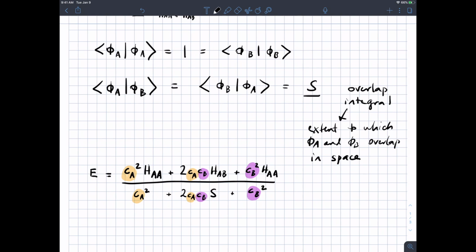Our real question, though, is going to be, can we pretend like we don't need to know what these numbers are? Can we carry them through as variables? And can we find expressions for CA and CB that will give us the lowest possible value for energy?